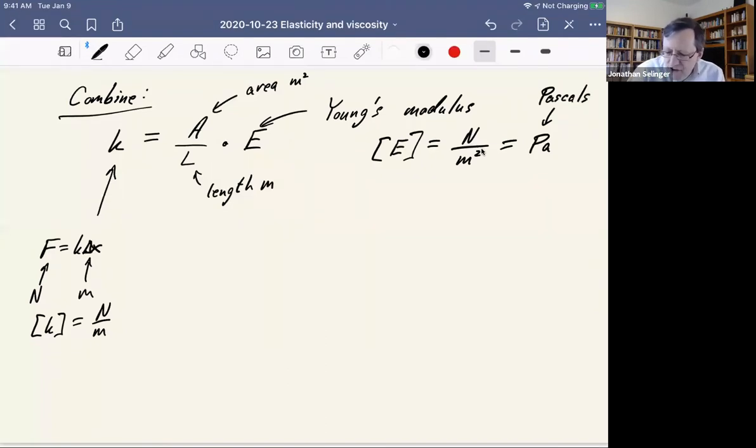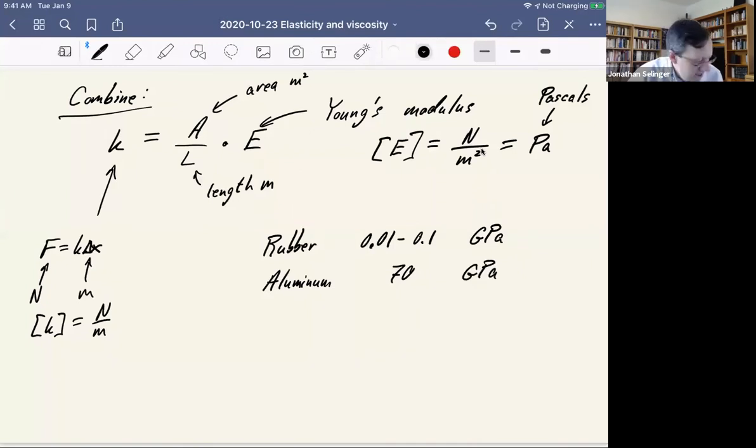And so Young's modulus is a property of a material. Okay, and so we could list some examples, right? Here are a few things that I looked up: rubber is in the range of 0.01 to 0.1 gigapascals, aluminum is 70 gigapascals, and diamond is 1,000.